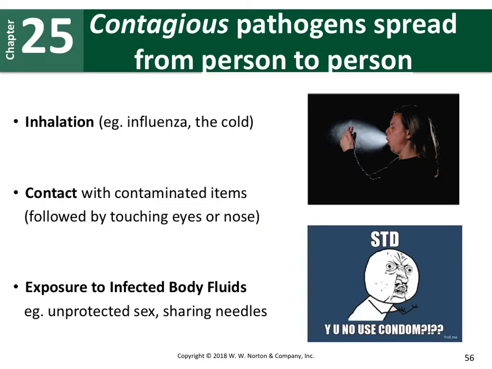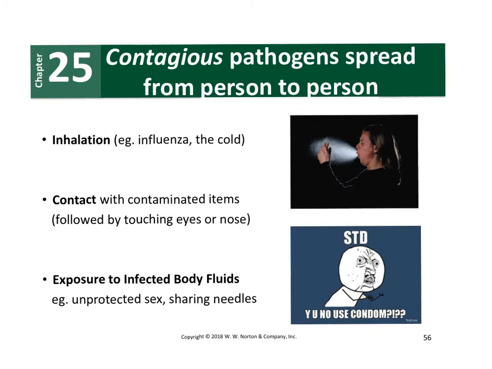Okay, contagious pathogens spread from person to person. Usually they spread like influenza or a cold or COVID-19 through inhalation of the virus in the air on very, very small particles when the person who's infected sneezes.